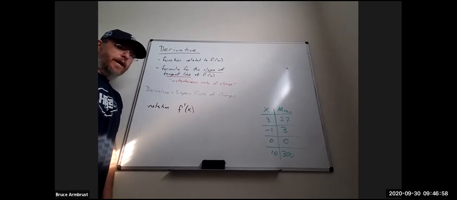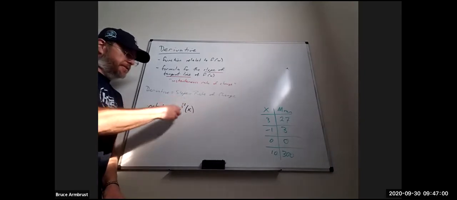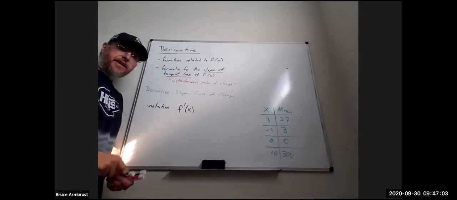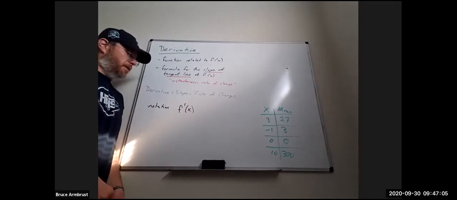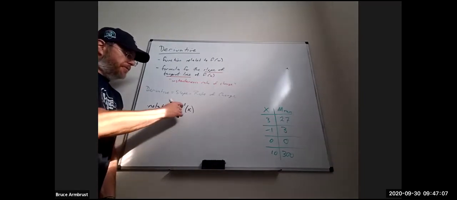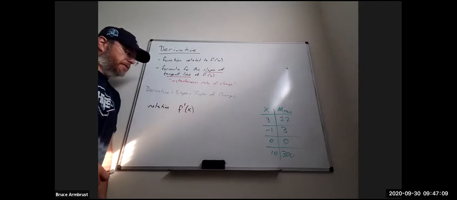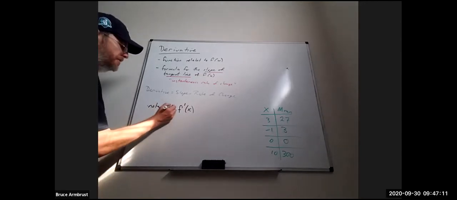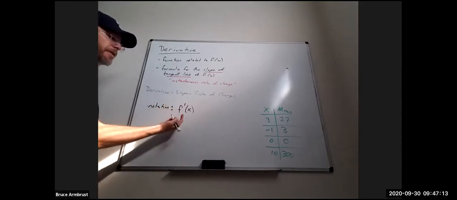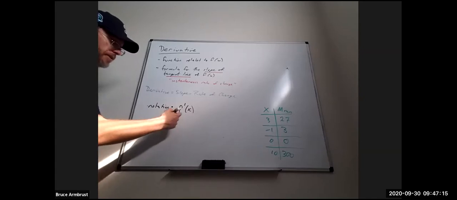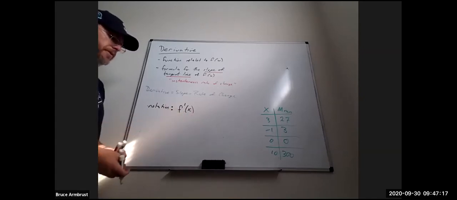Kind of looks like a 1. It's not a 1. It's actually just a little bit of an angle. It's an apostrophe, basically. So we have f with this little apostrophe of x. This is the notation you're going to see. If you are ever asked to find this, that's saying find the derivative.